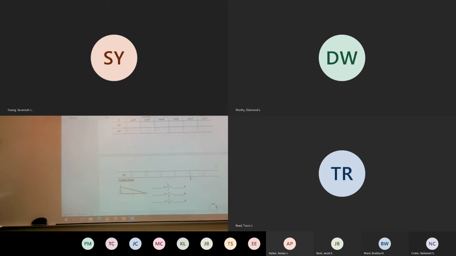Now, what are cofunctions? So what is A over C?